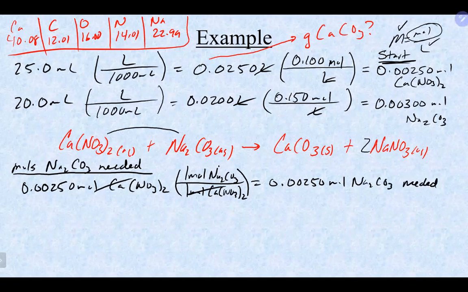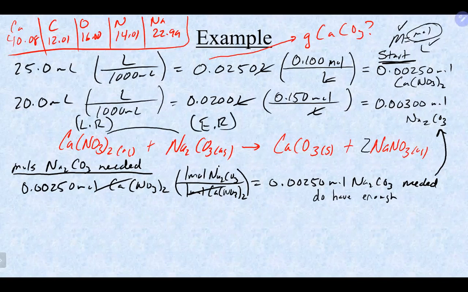We compare this to our starting amount of sodium carbonate. We need 0.0025 and we have 0.003, so we do have enough. That means our calcium nitrate is the limiting reagent, and our excess reagent is the sodium carbonate.